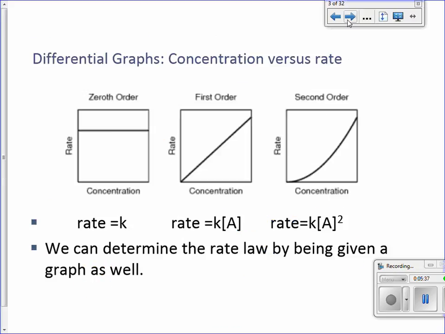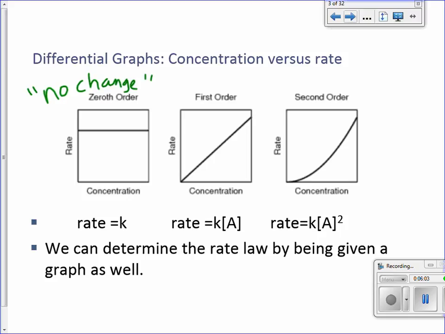Now for the differential graphs, and there's lots of graphs that you're going to be seeing. So you need to really be paying attention to what is on the y-axis and what is on the x-axis. You see right here, this is rate versus concentration, okay? And this is the differential ones where we said that 0th order is going to be the no change, right?